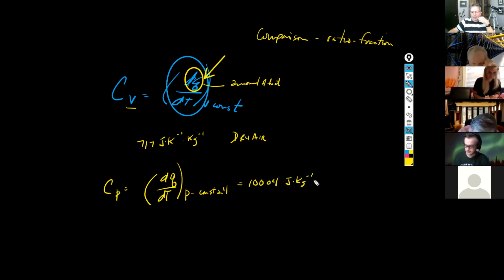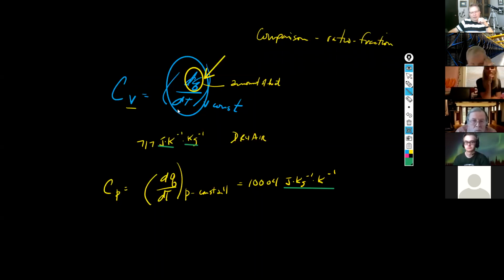And I want to point out to you, because I'm being inconsistent on purpose, the unit is joules per kilogram per Kelvin. But I like the way that you think joules per Kelvin per kilogram, because it's the ratio of a quantity of heat to a temperature change.